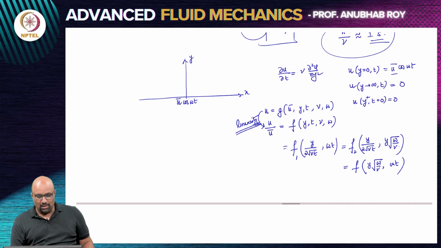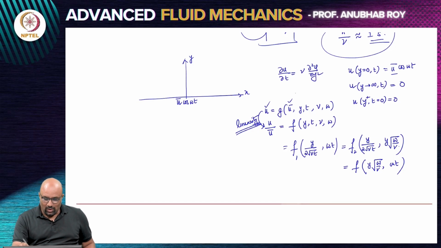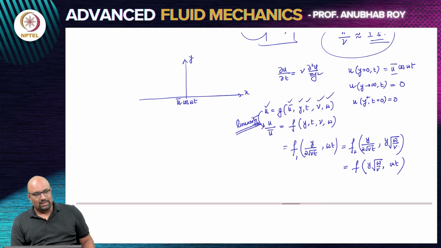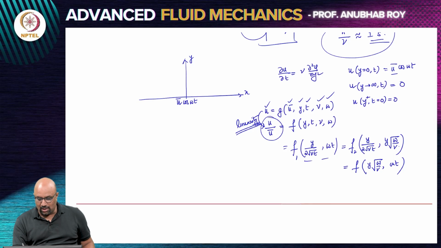If you do a pi group calculation, you have 1, 2, 3, 4, 5, 6 parameters or dimensional variables. If you use an MLT system, you are going to land up with 3 pi groups in this problem. And one of the pi groups I have fixed as u by u bar. So automatically the other 2 pi groups would come out of combinations like this. So you can expect one of these is how the solution form should be.